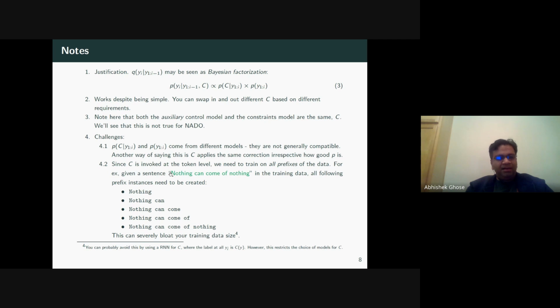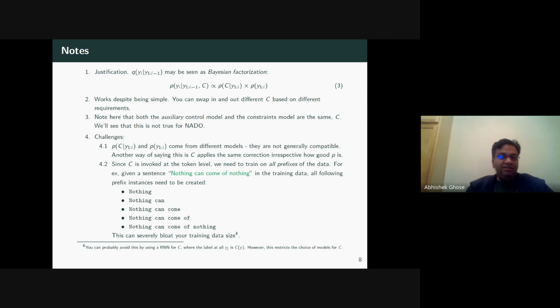And therefore to make a reliable classifier C, every sentence needs to be sort of decomposed into all the prefixes possible, right? So this one instance in your training data will have to be broken down into all of these instances here, right?